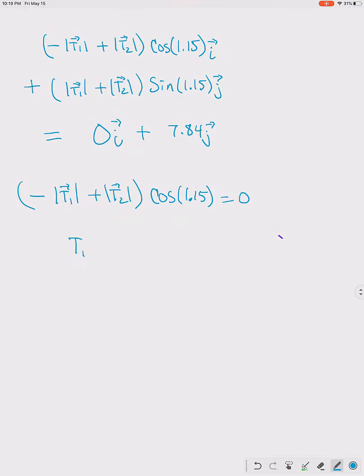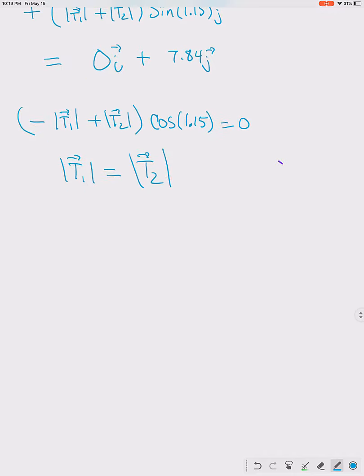Well, that means that T1, its length, is the same as T2, its length. That's what that means. I also know from my equation up above that the length of T1 plus the length of T2 times the sine of 1.15 is equal to 7.84.